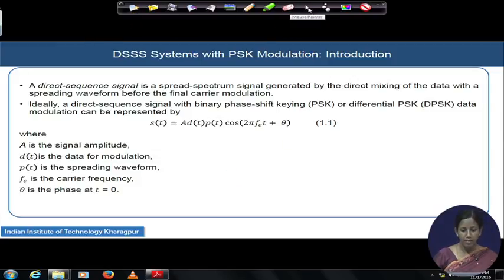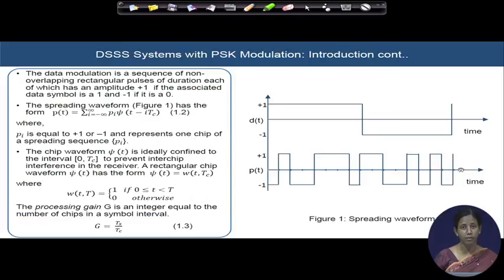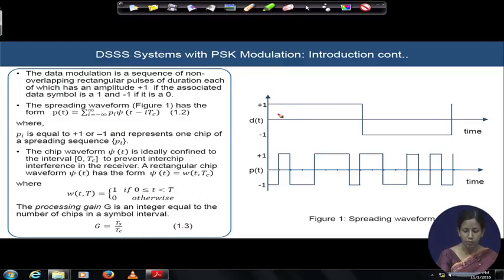How the spread waveform will look, we will come to a little bit later, but let us first concentrate on how p(t), the spreading waveform, looks. Remember, before entering into p(t), I would like to mention here the symbol time of the data as Ts.